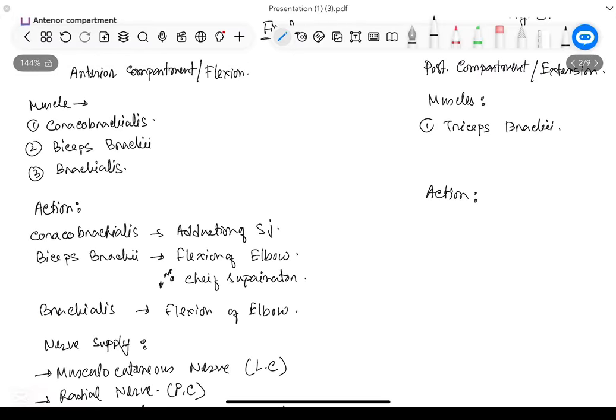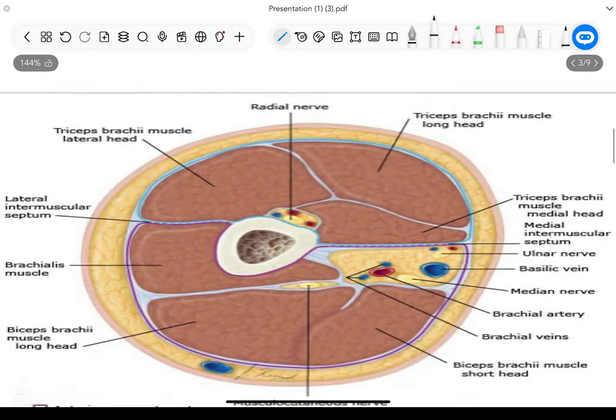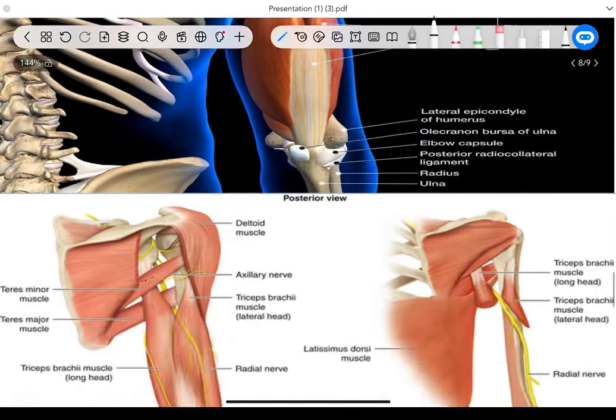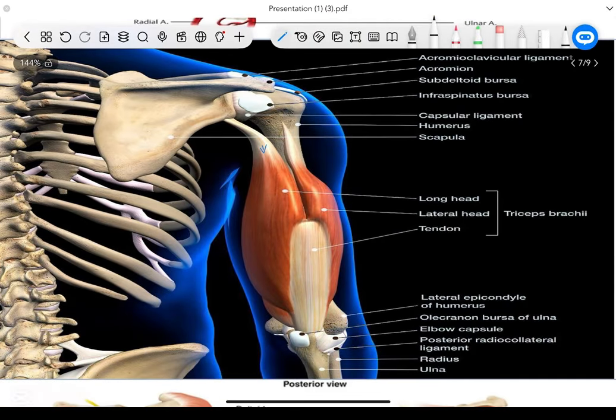Now come to the posterior compartment or extensor compartment of the arm muscles, and we know that is triceps brachii. So, first let us see the muscle. On screen you can see the triceps muscle. As it is triceps, it has three heads. The long head arises from the infraglenoid tubercle of the scapula.